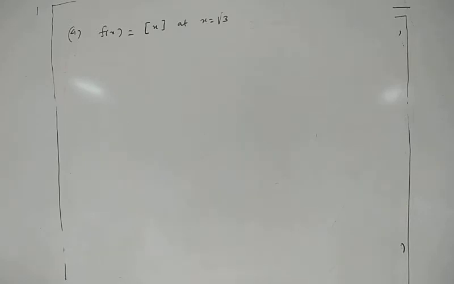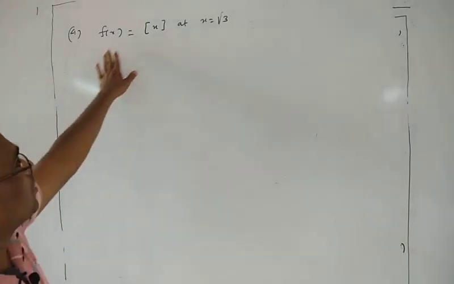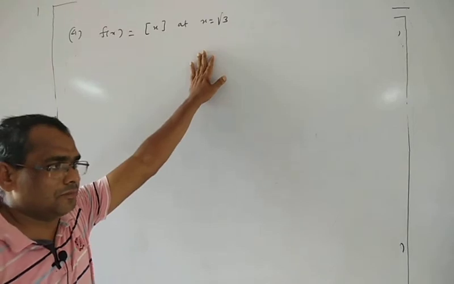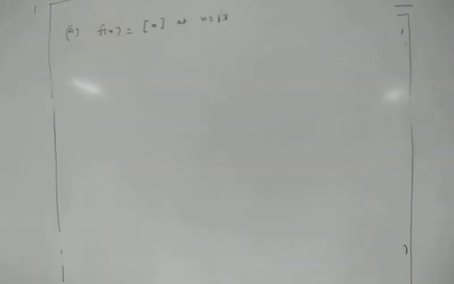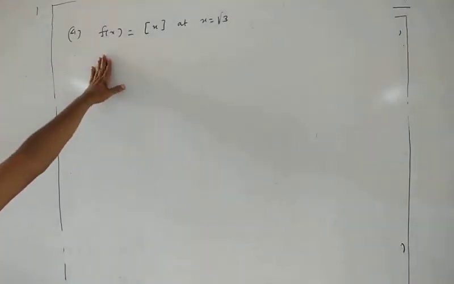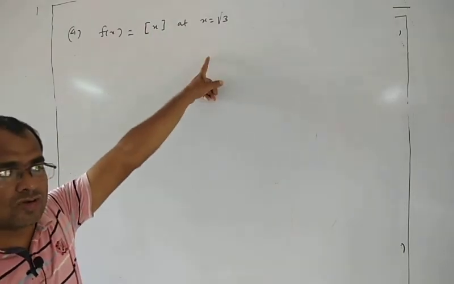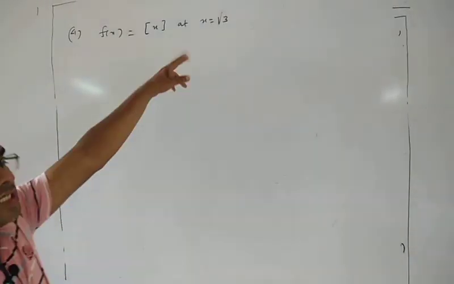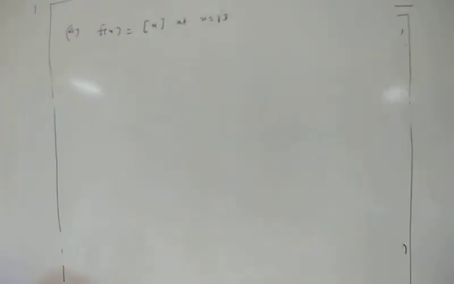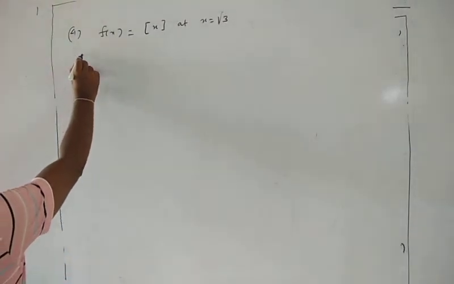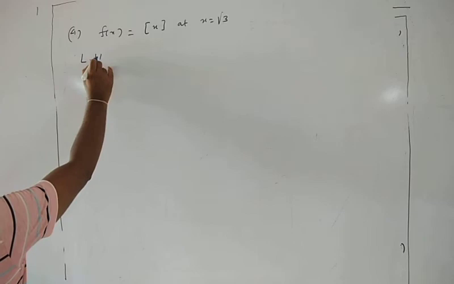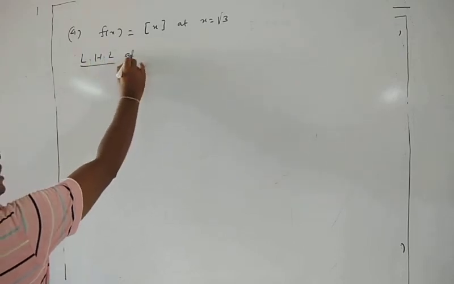Next we see another example, f(x) is equal to bracket x at x is equal to √3. Clearly this is a greatest integer function also, but here we test at x is equal to √3. So √3 is an irrational number and its value is 1.732. So we find the left hand limit LHL at x is equal to √3.